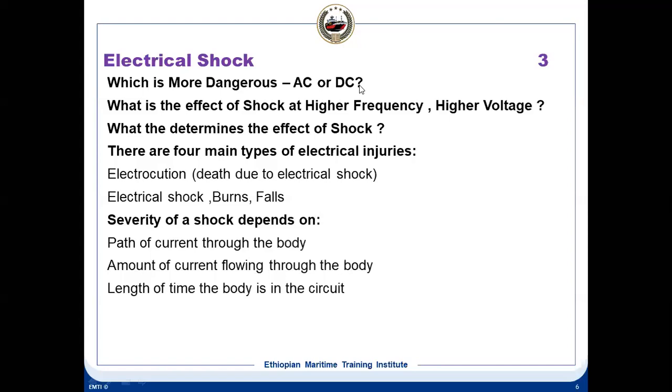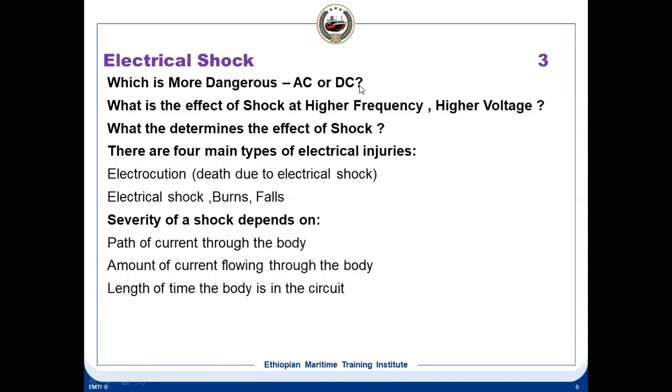But in case of AC, there is the peak voltage. The peak voltage is going to be much higher than the RMS voltage, because the peak voltage is 1.414 multiplied by the RMS voltage, so 1.414 multiplied by 230 volt, which would be around 325 volt. So in this case, AC is more dangerous.